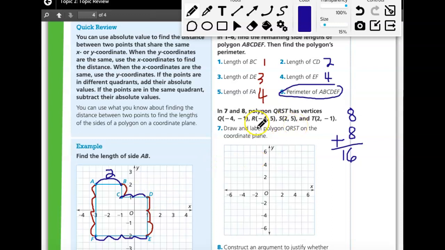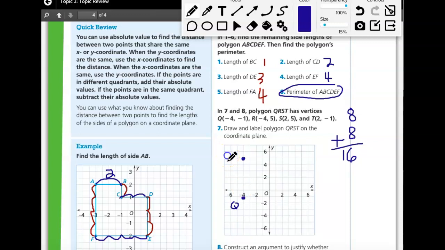Okay. So let's go to this part. We are going to plot. So in 7 and 8, polygon QRST has vertices Q, R, S and T. We're gonna find the point -4 and -1. So -4 and -1 is here. I'm gonna label that Q. Next, I'm going to find -4 and 5. -4 and 5 is here.